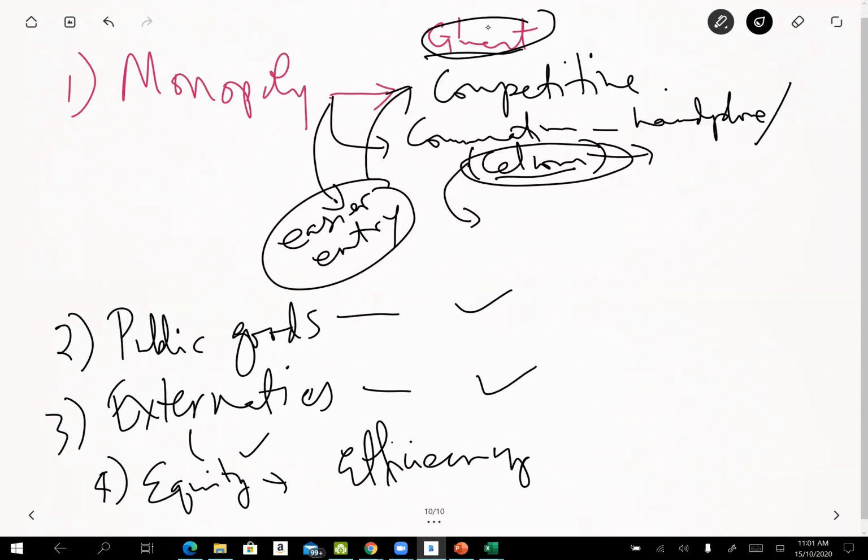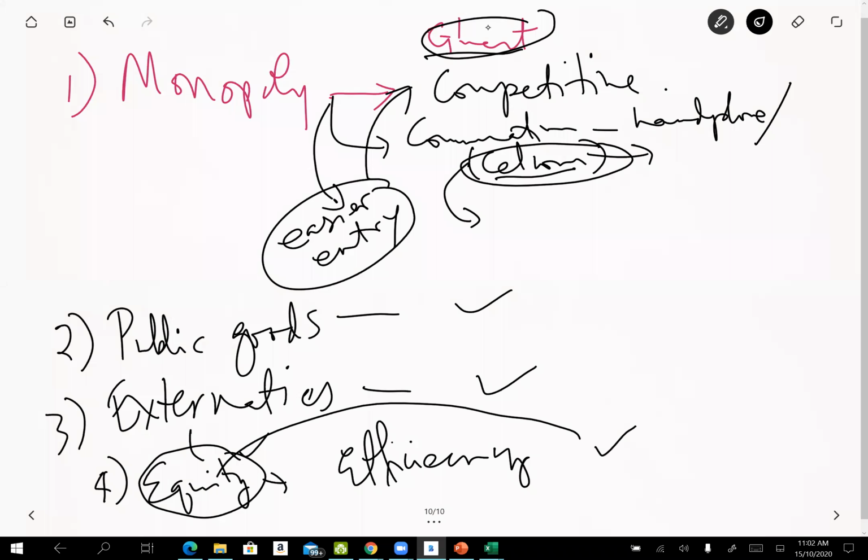It doesn't care about equity. We want more justice in the distribution of income and of resources. On equity, the market doesn't take care, or the market fails there. So in order to address the equity problem, the government has a role to play.